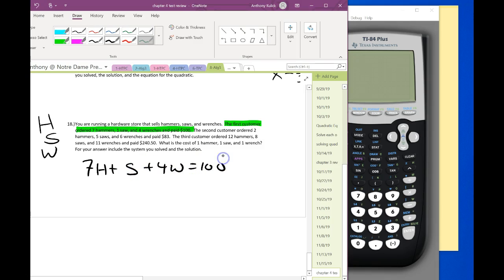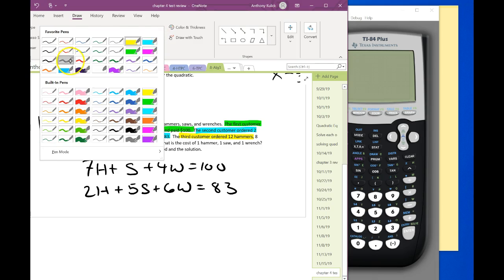Good. I agree with that. And another equation we could write is? Good. I agree with that. And what's the last equation we'd write? Good.